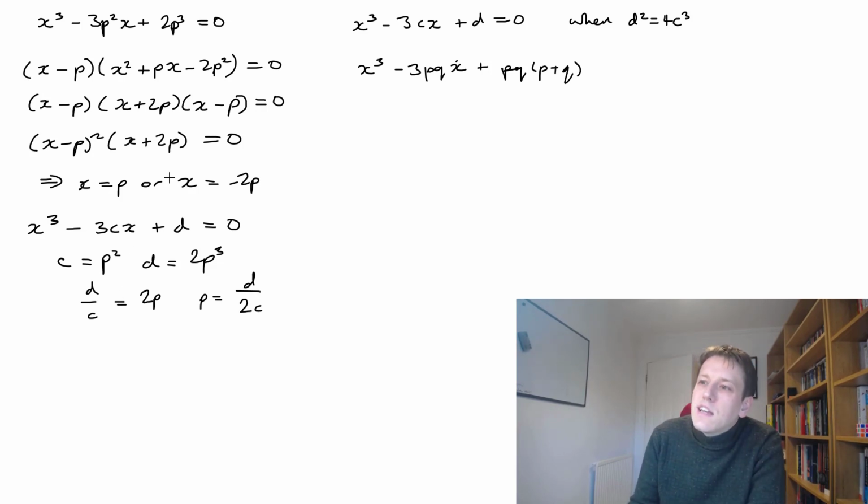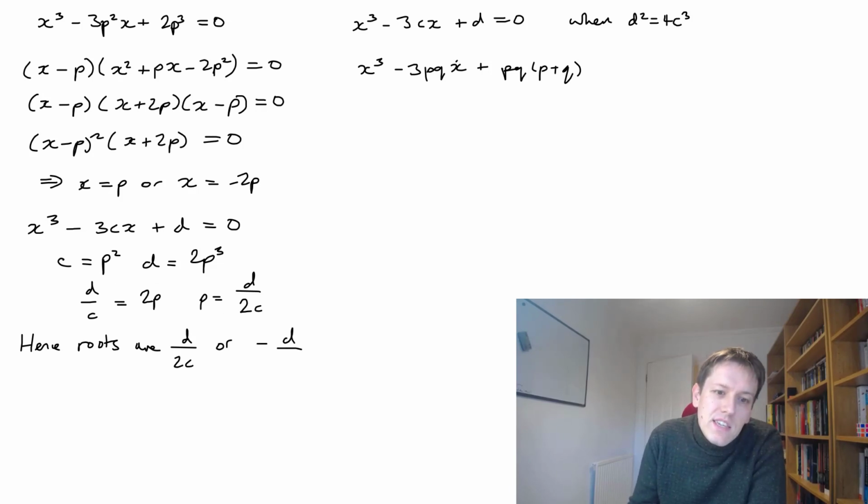And they're the two roots that we have here, p and minus 2p. So the roots would be either p, which is d over 2c, or minus 2p, which is just minus d over c, and then we're done.